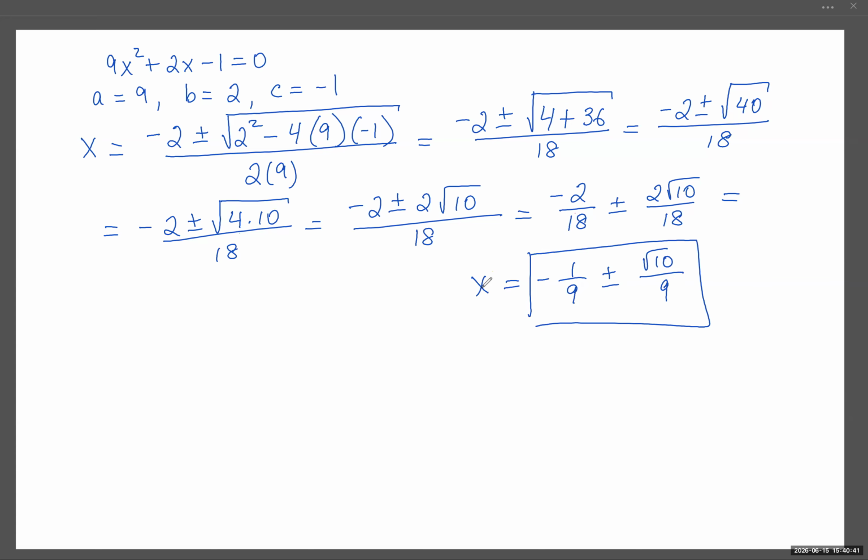Now, the other type of quadratics is where the answers need to be approximated, so they're decimal answers. And that's the one that we're going to try next. And we're going to round to 2 decimal places, so to the nearest hundredth.